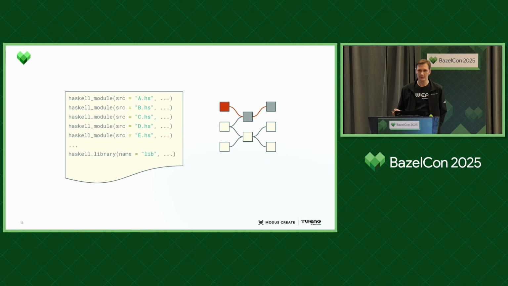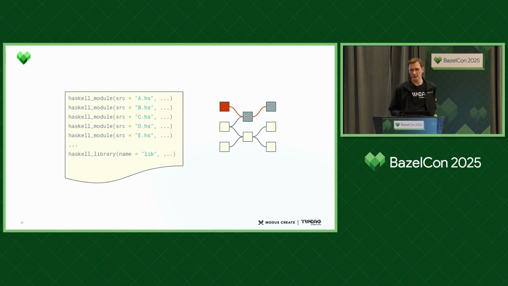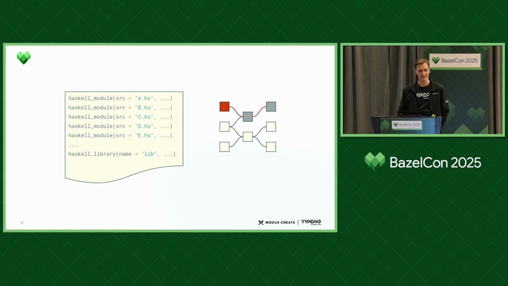But there are some downsides to this. If we look at our build files, they get a little bit noisy. We end up having a lot of module targets in there. We have to make sure they're kept up to date. So if we use Gazelle, there's always this Gazelle pre-step that we need to run before our builds or when developers make changes. The diffs get very noisy whenever the module dependency graph changes, and that happens more frequently than the target dependency graph changes.